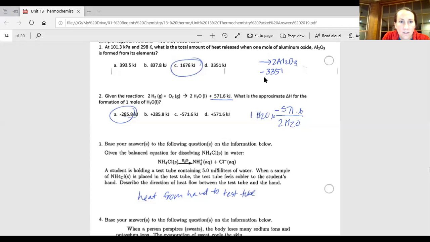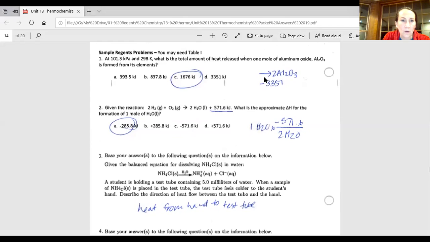So it says you have 101 kPa, 298. That's not relevant. So basically, this is a tricky question because they don't really tell you a whole lot. What is the total amount of heat when 1 mole of aluminum oxide is formed from its elements?